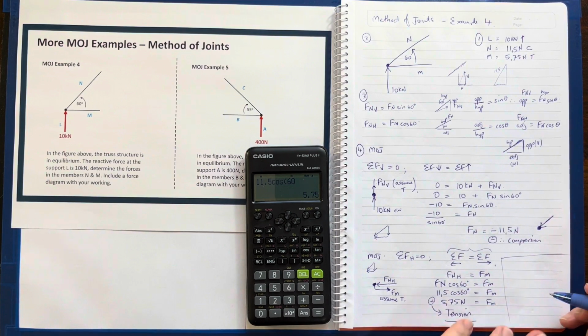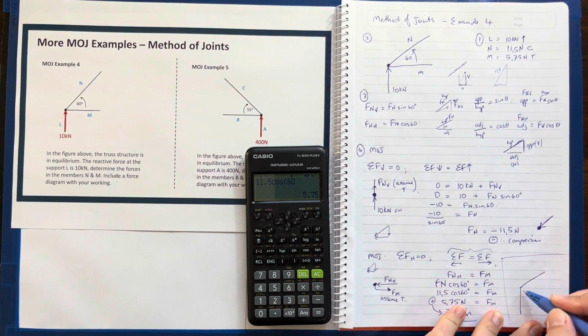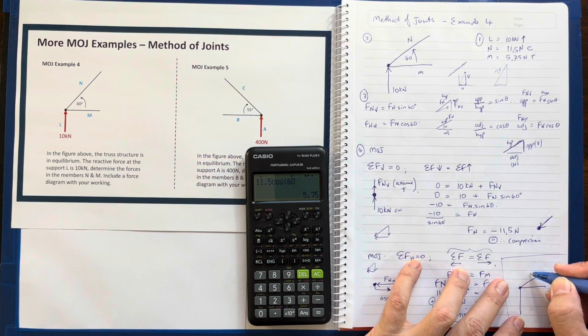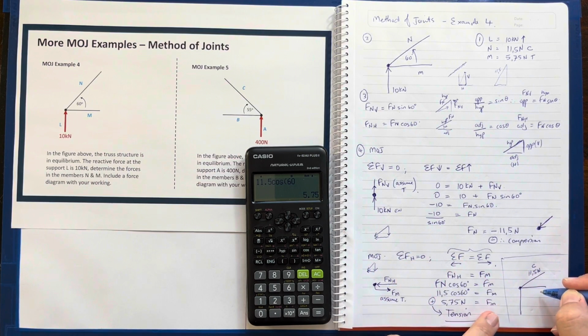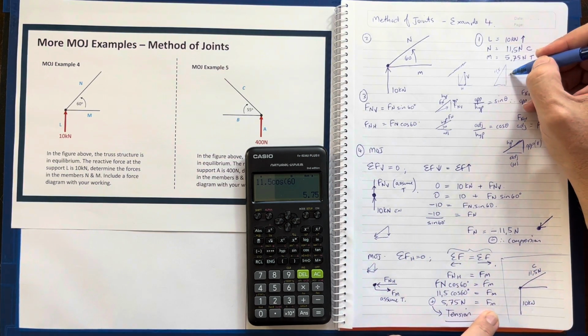My free body diagram will effectively look like this. Bad example when it comes to the angle, but N is 11.5 kilonewtons in compression. M will be, this one is 10. See, that is 10.